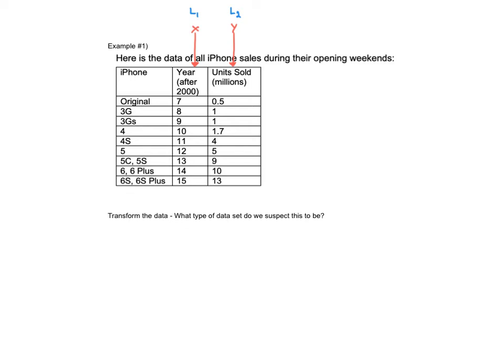Okay, so I got my data in L1, L2. So now I'm going to go to second Y equals button, turn on a plot. I need to go to the one that looks like the scatter plot. So I'm going to show you right over here. I'm going to go to the one that looks like this. Right, it's like the first one. I'm going to highlight on that one and say, yeah, give me that one.